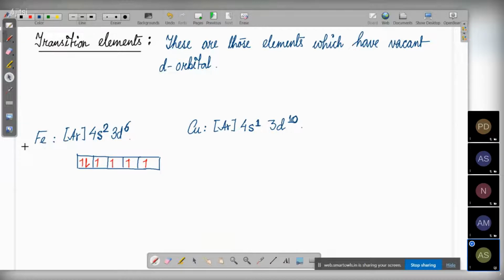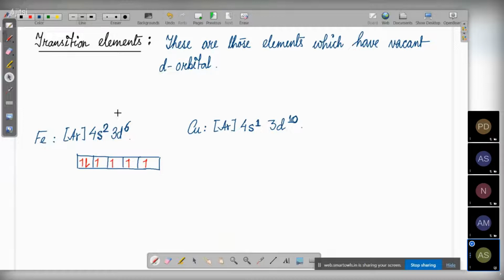So 10 electrons are already present in the d orbital. That means copper does not have any vacant d orbital, because in the d orbital a maximum of 10 electrons can be fitted, whereas copper already has 10 electrons. So there is no vacancy in the d orbital.